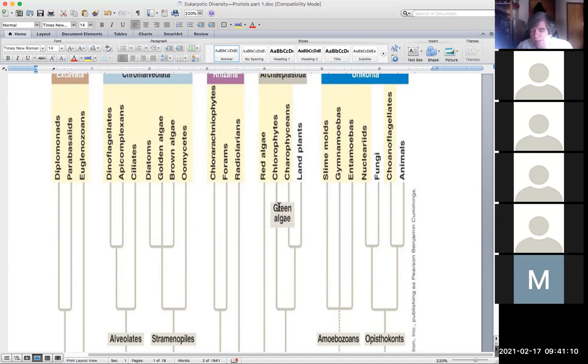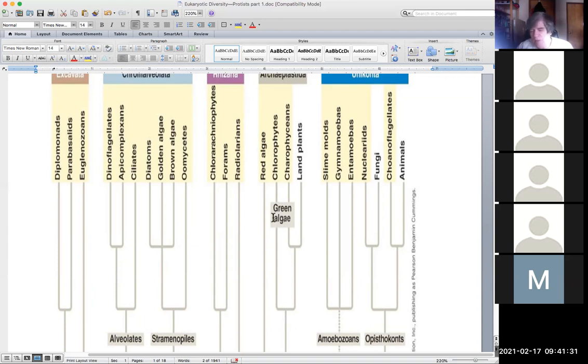Now notice that green algae is not a very good taxonomic group in terms of cladistics. Why? Because let's go back. Here's a common ancestor down here, and this is the common ancestor of the chlorophytes and the charophytes and the land plants.